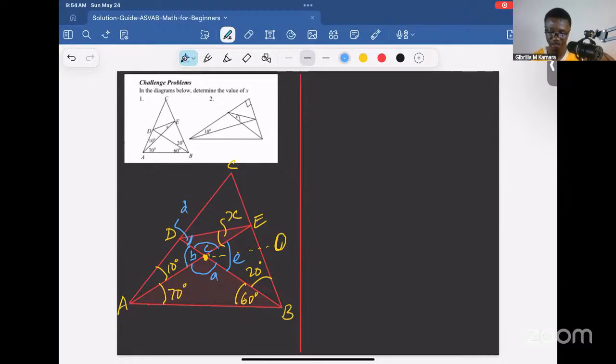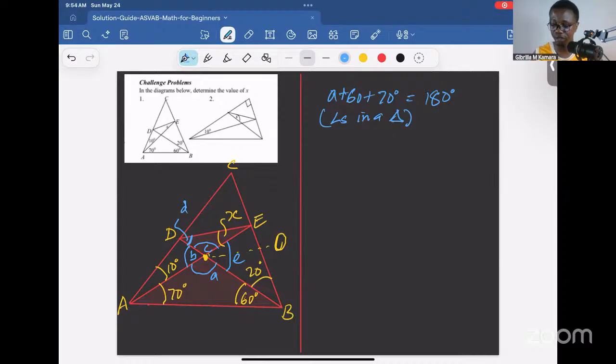So now let's start by looking for A. We know A plus 60 plus 70 is equals to 180 degrees. Why? So look at A, look at we have 70 and 60. They are angles in a triangle.